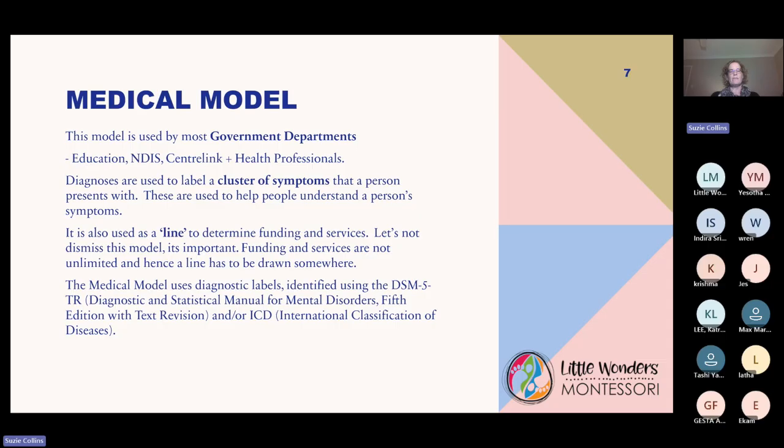Now, if we think back about what a diagnosis actually is, a diagnosis is this label that's used to describe a cluster of symptoms that someone might present with. And that label, or that diagnosis, helps the people around that particular person to understand a little bit about what their behaviours are.